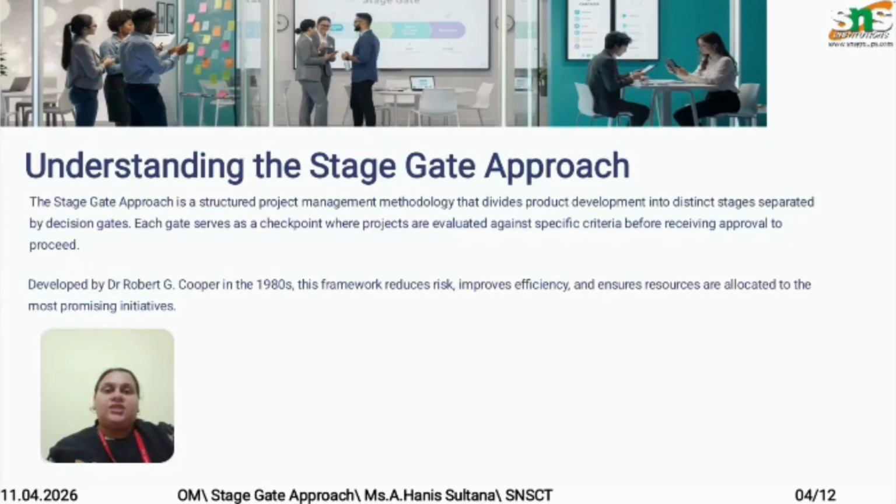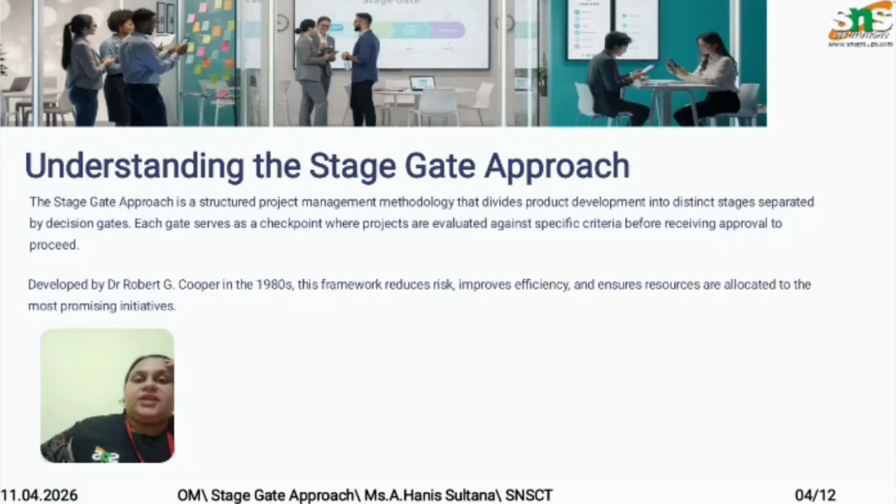In the stage gate approach, before the product passes to the next stage, we make a small check on whether alternatives can be brought in, or whether there are any changes that reduce the production process.